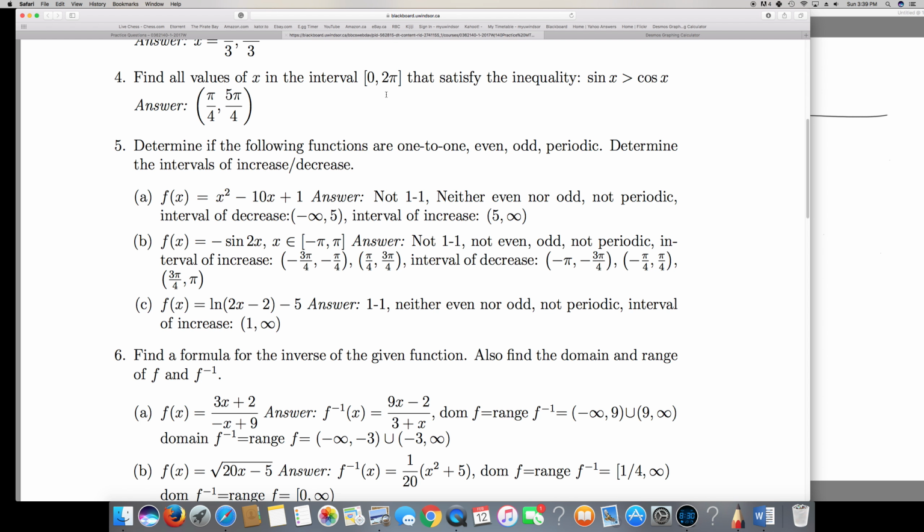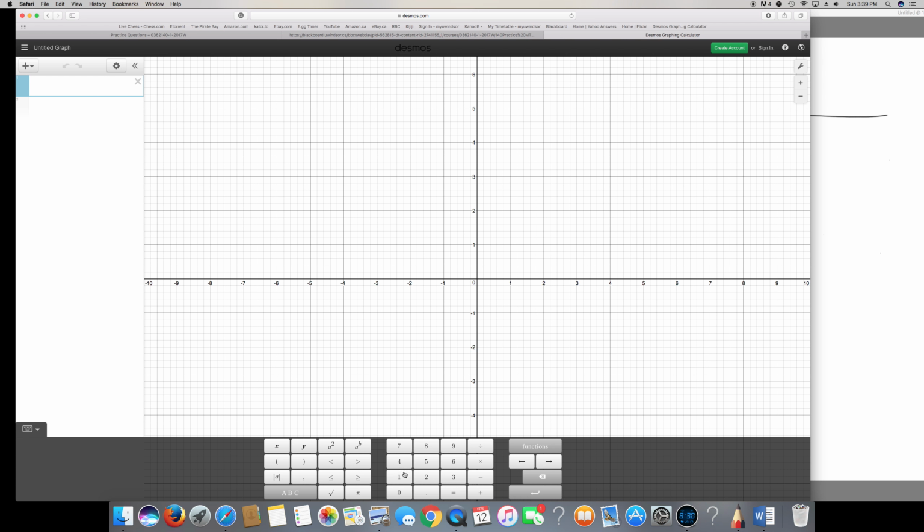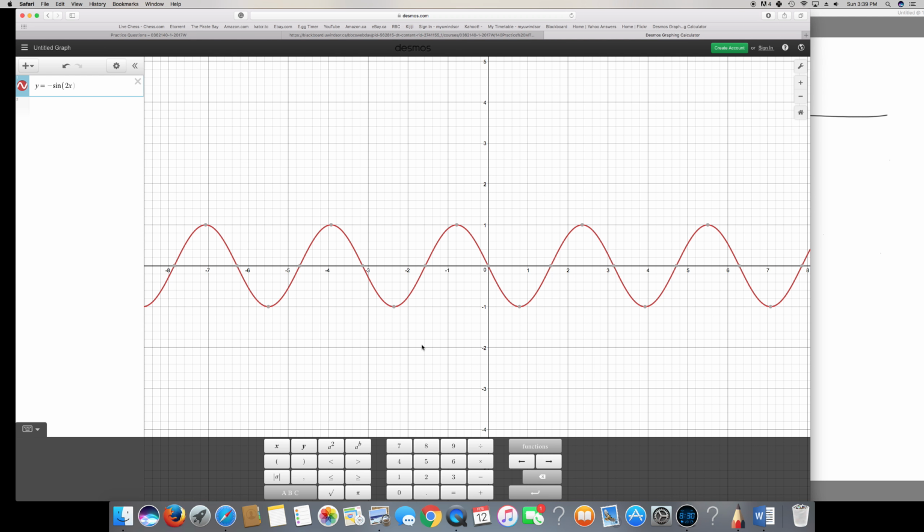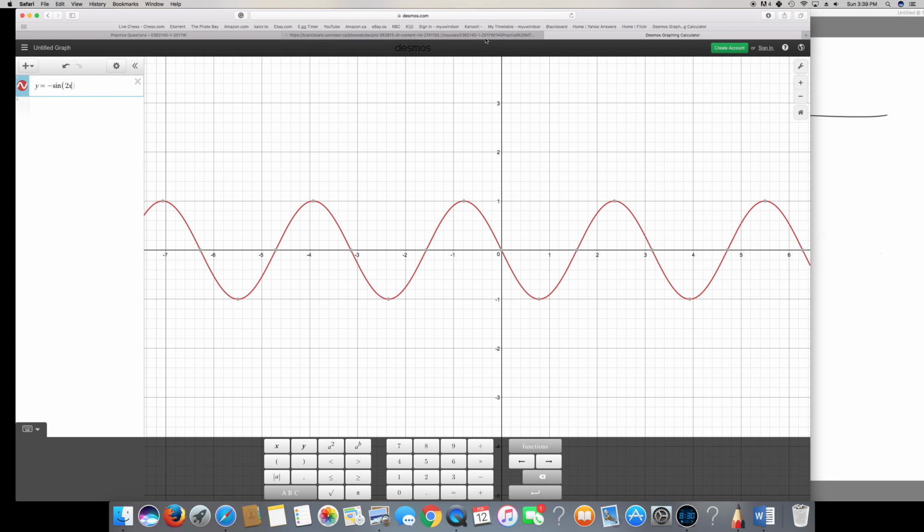So it's negative sine 2x. So y is equal to negative sine 2x. This is what my graph is going to look like.